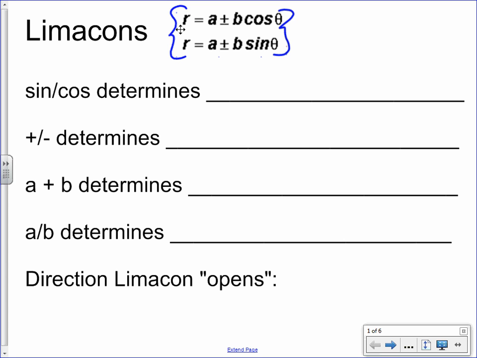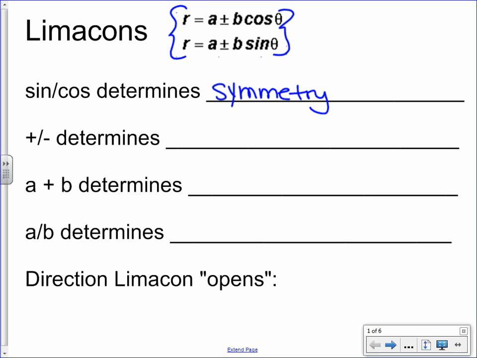No. All right. So first of all, just like any other function, what does the sine and cosine determine? Okay. So let's describe that as symmetry. But you also noticed that your funny shape was more to the right or more to the left or more up or more down than the rest of the picture, right?